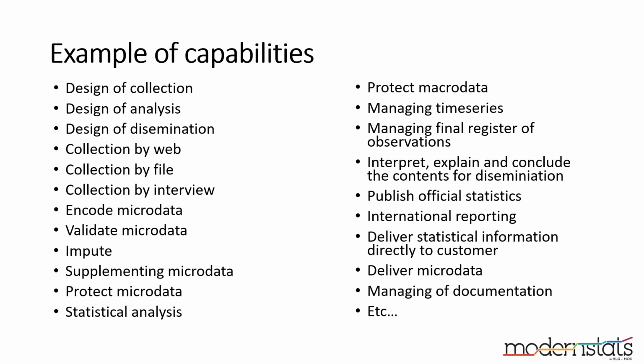Here are some examples of capabilities involved in the statistics production, and there are many more. You can see many of them are one-to-one to GSBPM process steps, and yeah, there are a lot more than you see here, but this is just some of them.